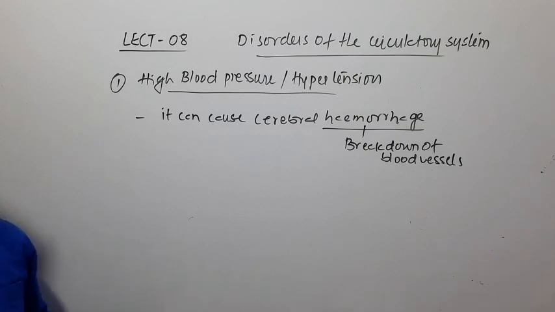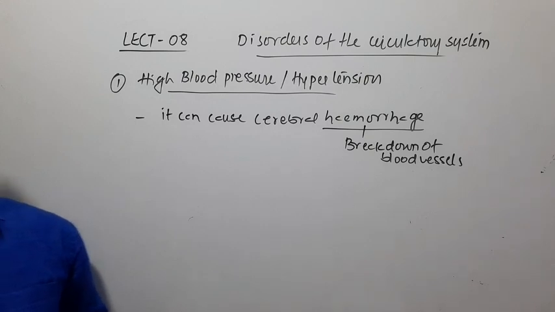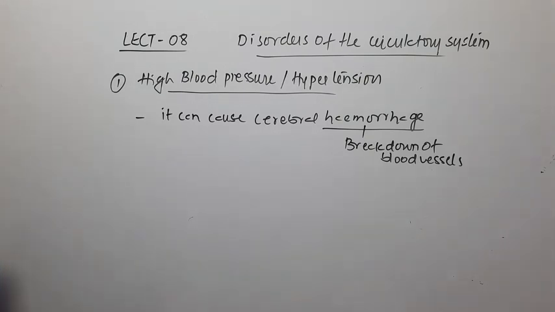Because the pressure is very high, in some cases the blood vessels may not be able to withstand that high pressure, and they break open, releasing the blood into the tissue spaces. Then the condition is called cerebral hemorrhage, and it's almost a fatal situation.